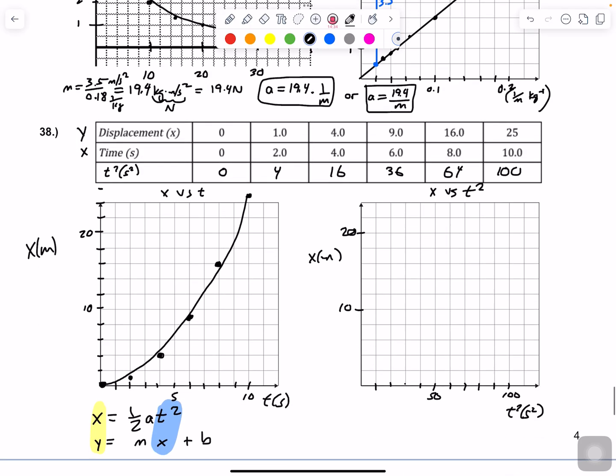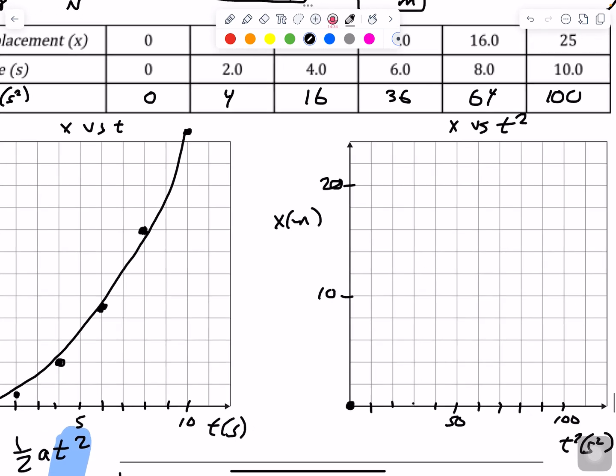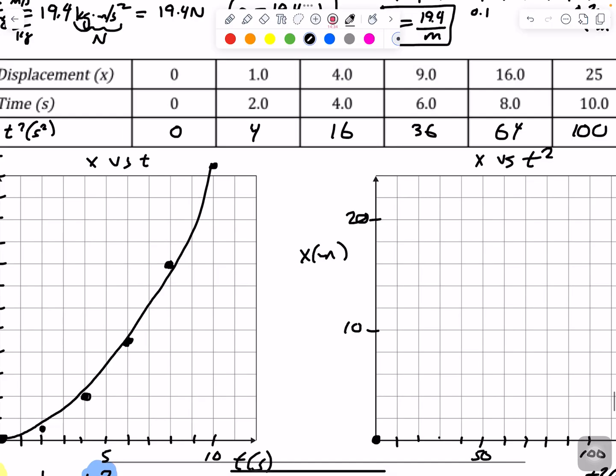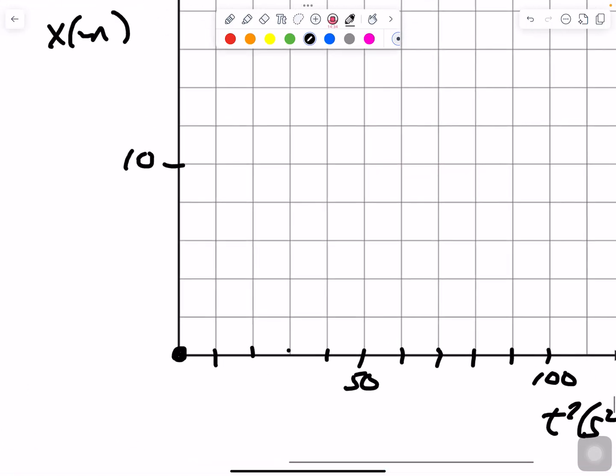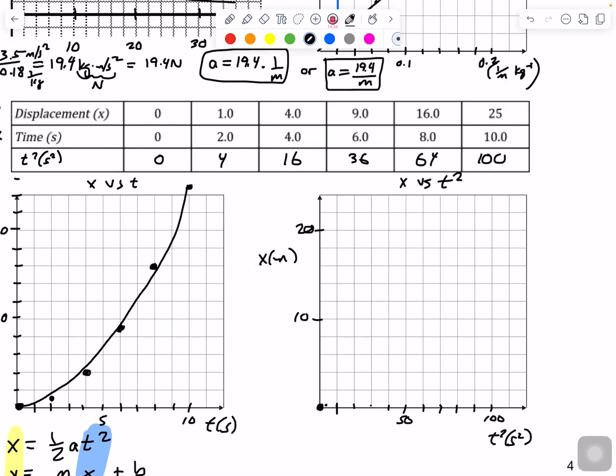Okay. So the plot, 0, 0. Okay, we're going to go over 4 and up 1. Now, over 4. Well, here's 10 right here. So over 4, up 1 puts us kind of right there. Okay, then we're going to go over 16, up 4.